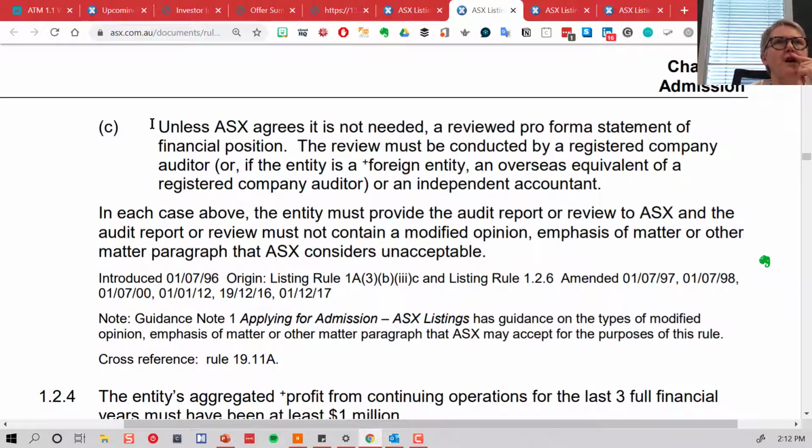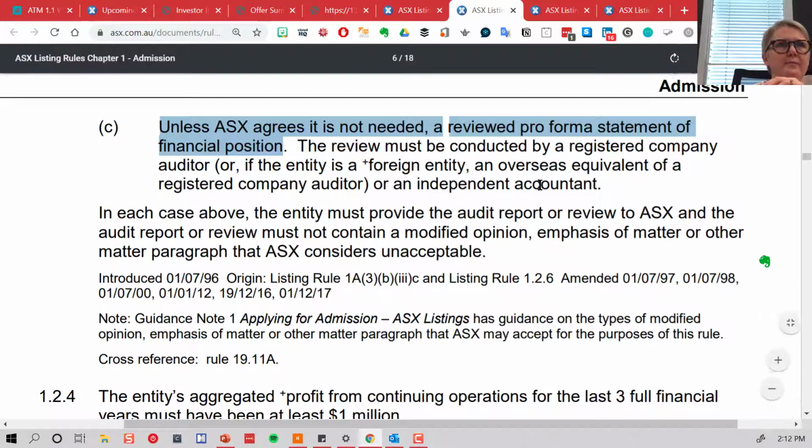And you need to provide a pro forma statement of your financial position. In other words, you have to create accounts that show what your post-money balance sheet is going to look like. You've got a pre-money and a post-money account, so a pro forma is what's included.